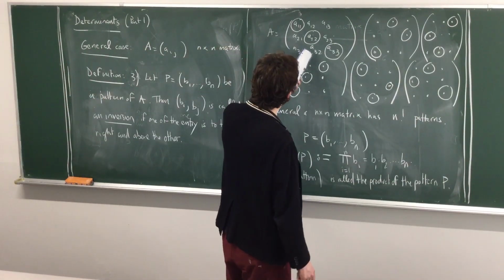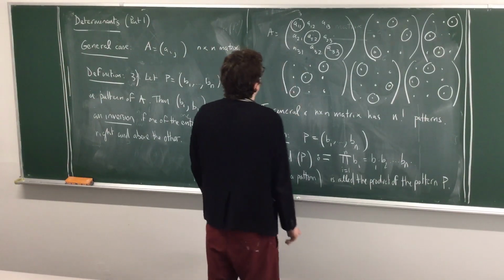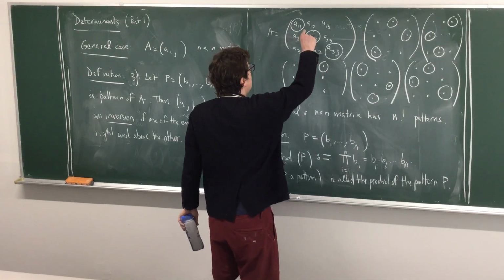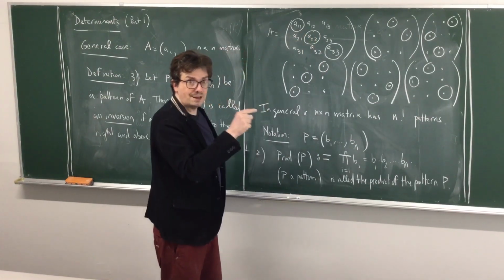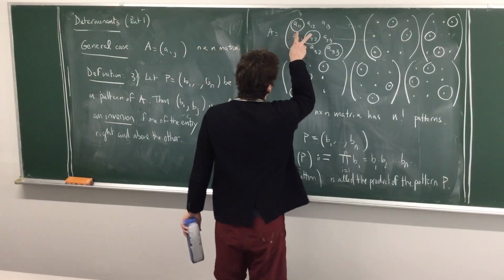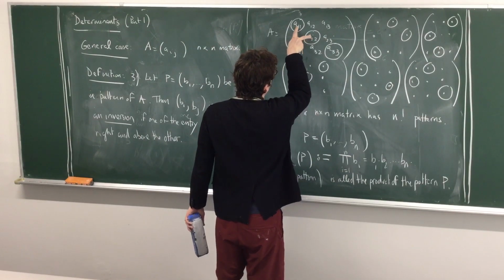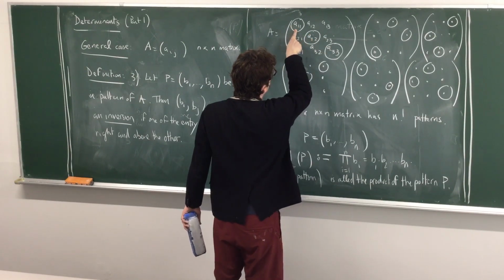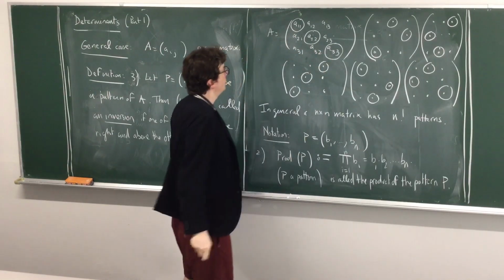Let's take the first one. For each pair of the 3 entries, 2 by 2, we have to consider these 2, then these 2, and then this one with this one.